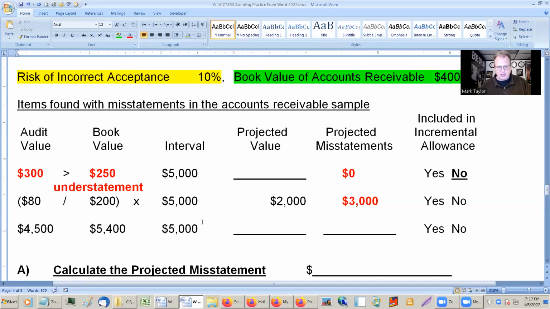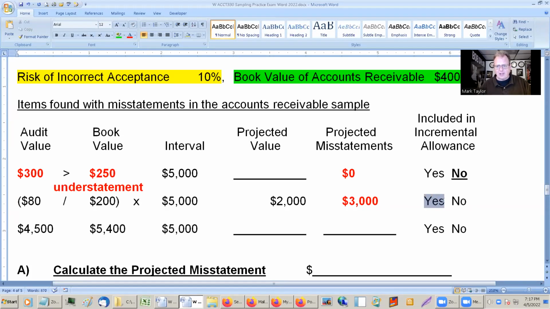The more misstatements you have, the more likely there are more misstatements. So it also has sort of an idea that if you do find incidents where it's off, because this is a sample, it's likely there are more of those out there. If there's still room left in that interval, we say there still could be more of it off there.